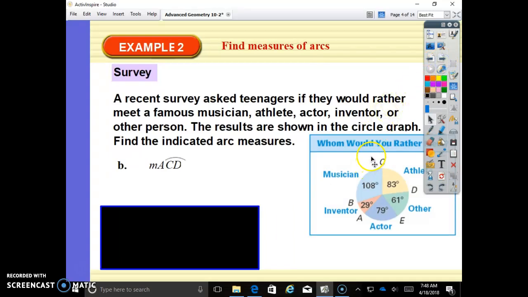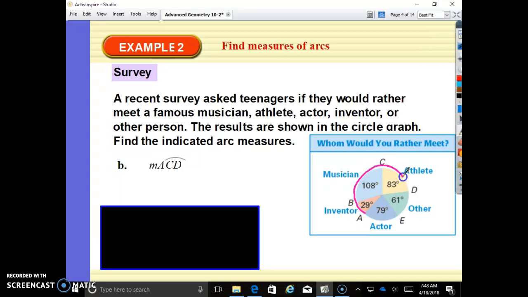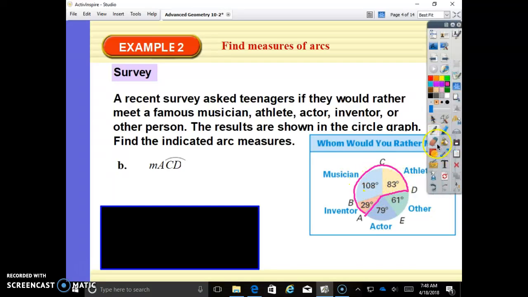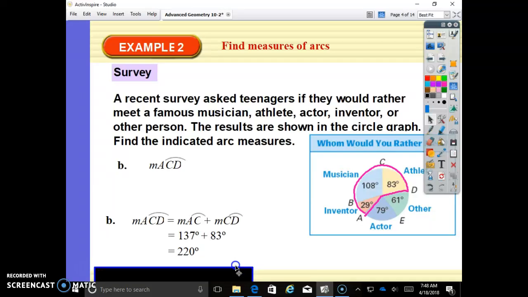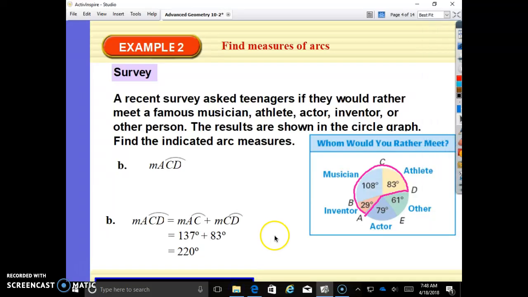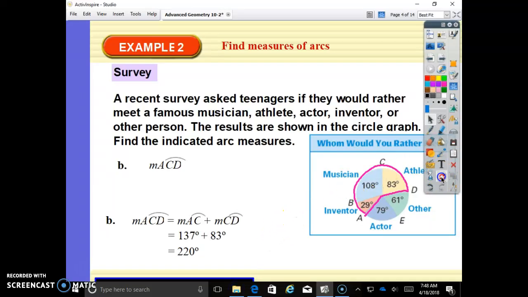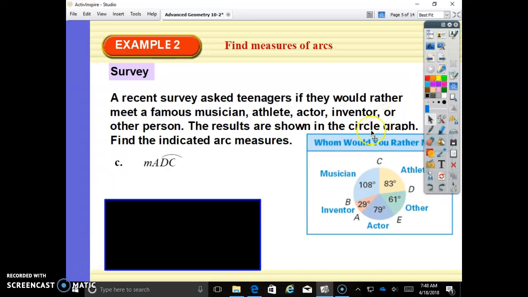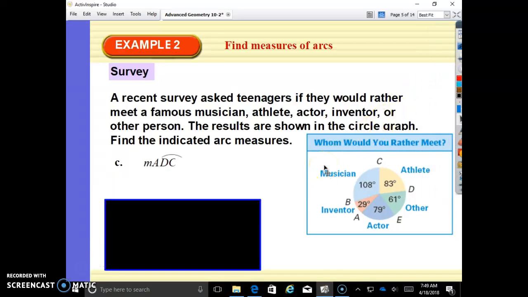How about arc ACD? Major or minor? Major. 108 plus 83 plus 29 is going to give you 220. Good job. You did that really quick in your head. How about ADC?